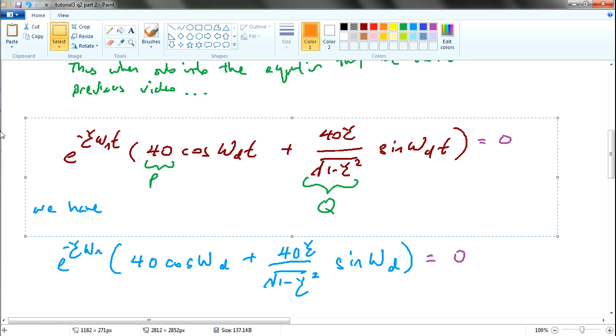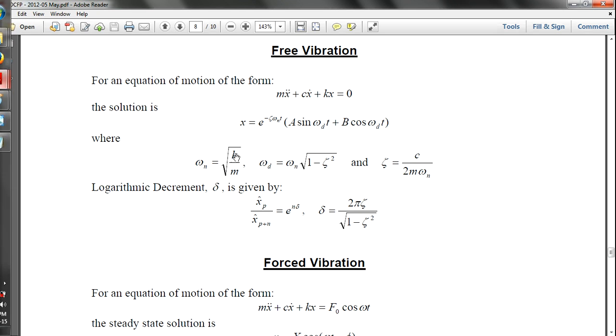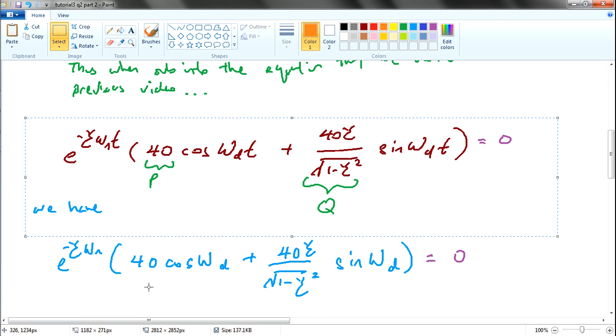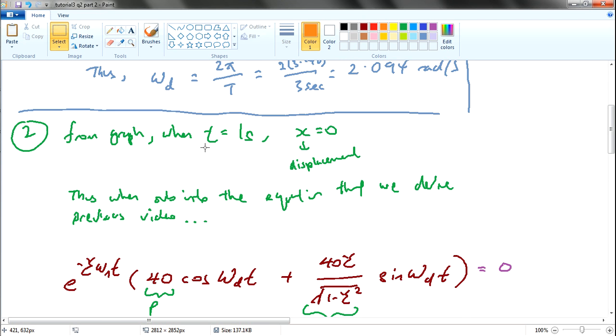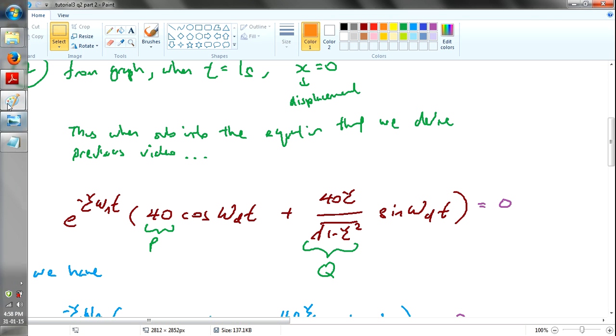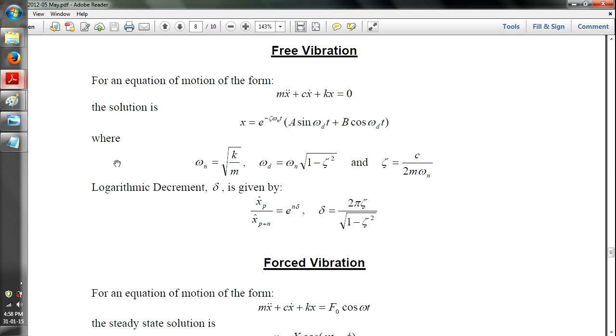If you remember, this comes from the equation of this. Then we substitute in our P and Q, and our conditions when t is equal to 1 second. So this is 1, this is 1, this is 1, and it equals 0 because the equation equals the displacement x.